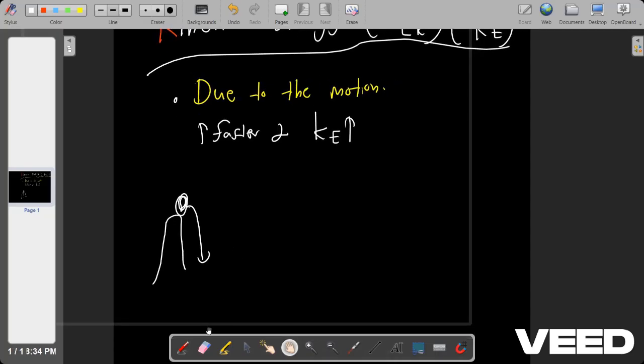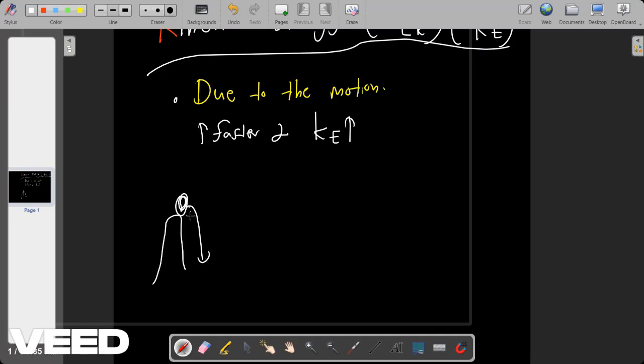Since this object is falling down, it is getting what? Velocity. We did some work with the velocity equations. Due to the gravitational force, it is accelerating downwards. Therefore, velocity is also increasing. So when the velocity is increasing, it is gaining kinetic energy.